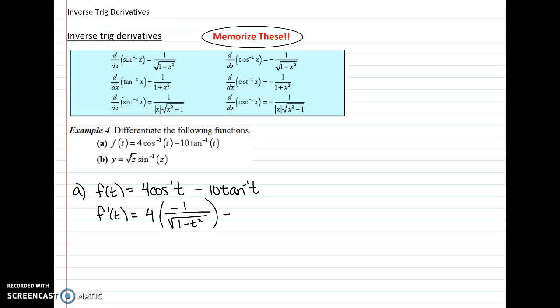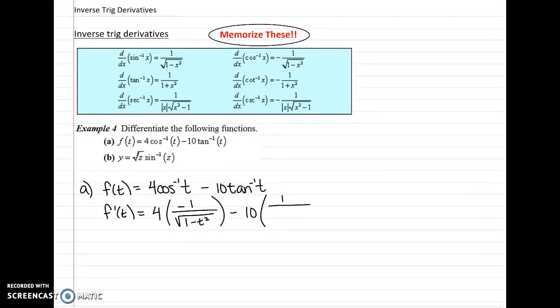I know they're ugly. They're just awful. The derivative of negative 10 inverse tangent is negative 10 times 1 over 1 plus t squared. Where did these come from? They came from the blue box up here.